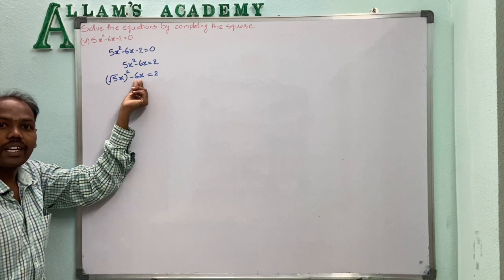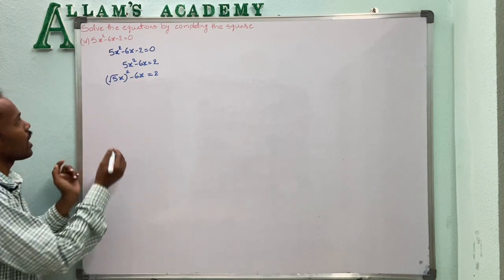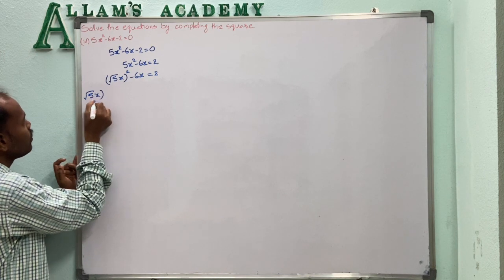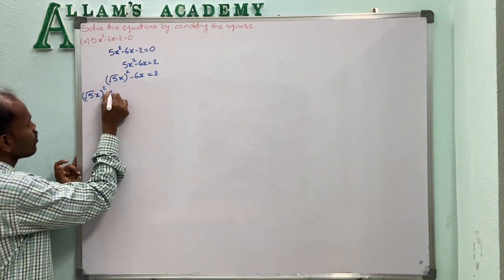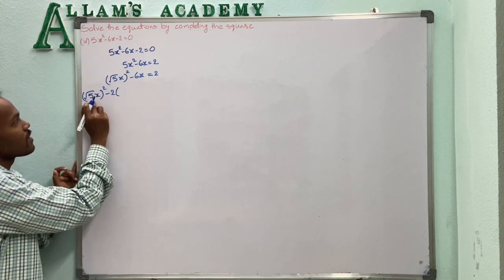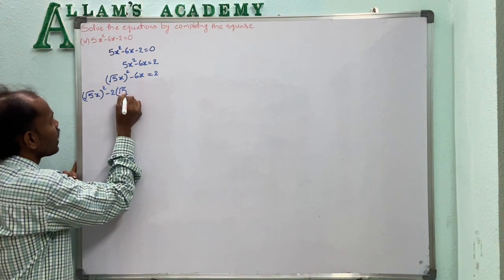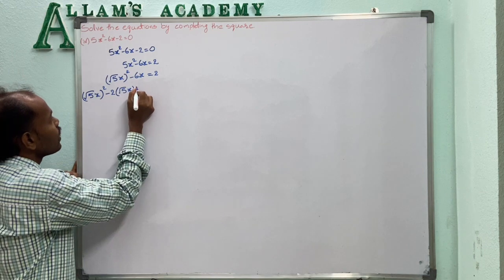The next one we can write as the 2ab term. So 2ab is written as 2 into √5x into b.